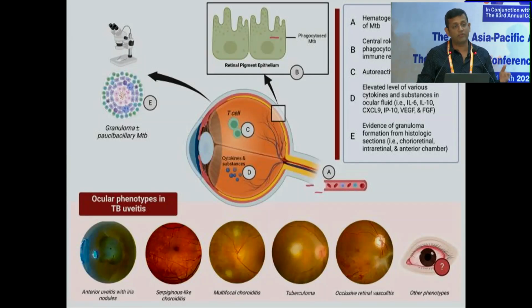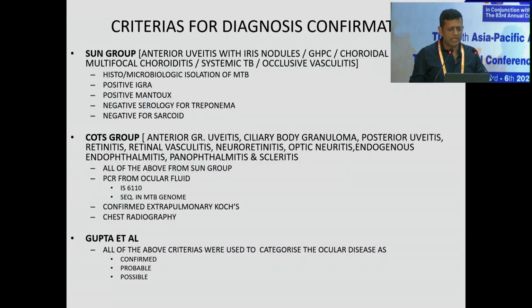And of course, a lack of a proper investigative tool that you can 100% trust. But in any case, different criteria have been adopted by different groups, the Sun group, the COTS group, the Gupta et al. group, and they have all told us what you should do when you are suspecting uveitis because of MTB.